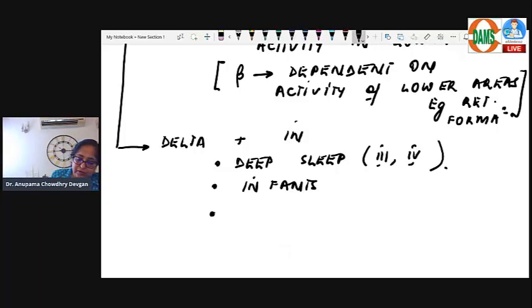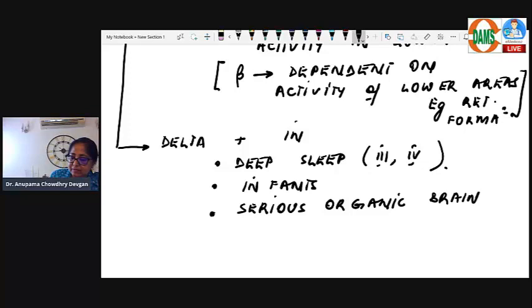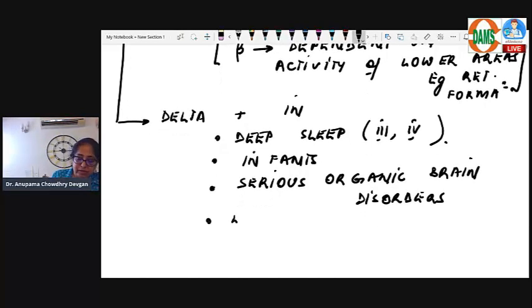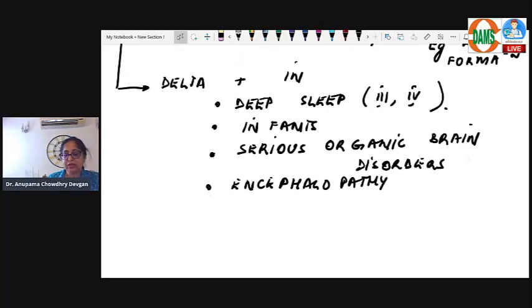Delta can also be recorded in serious organic brain disorders, and in patients of encephalopathy. So delta rhythm can be recorded in deep sleep, stages 3 and 4 of NREM sleep, in infants.